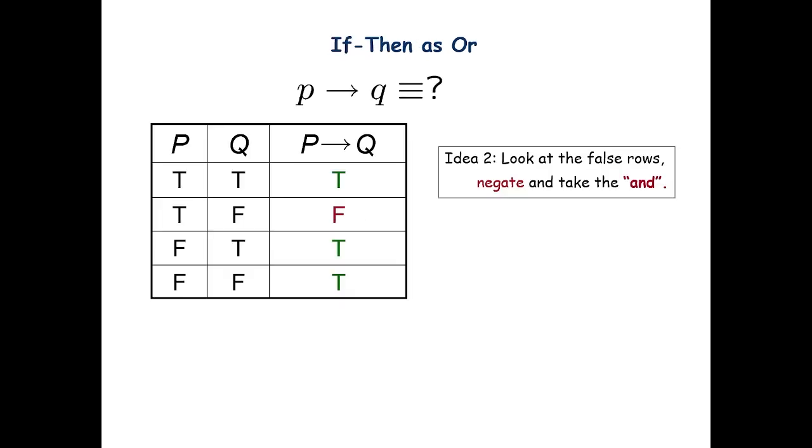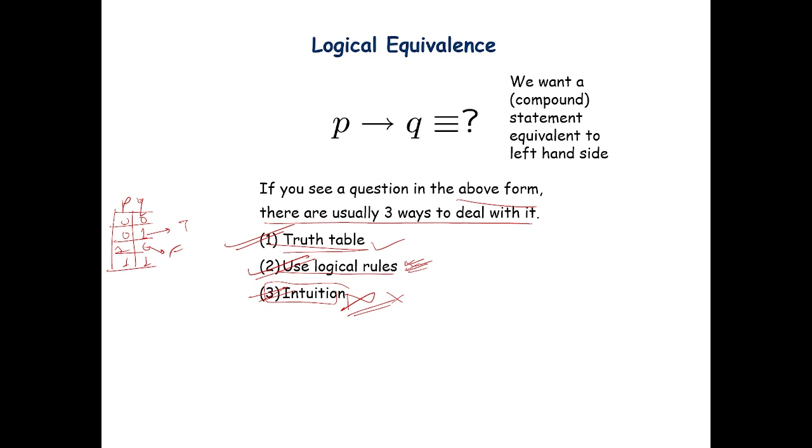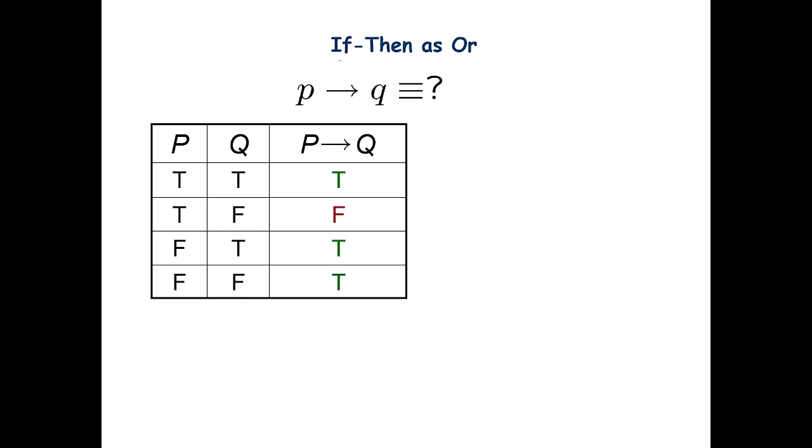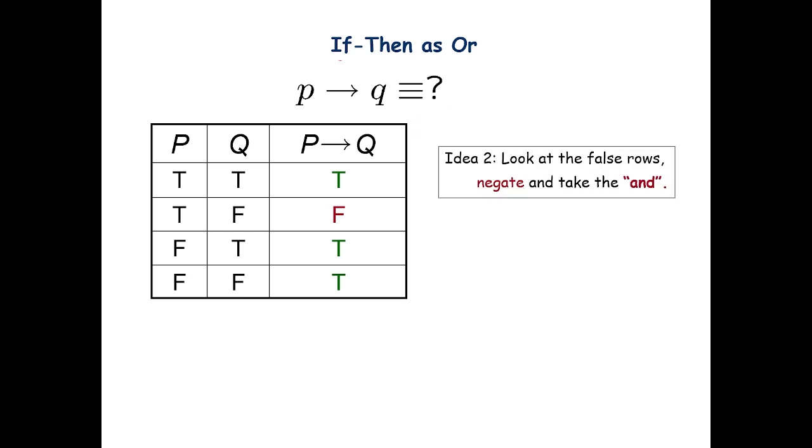Look at the false rows. If then, what is our target? We want a compound statement equivalent to the left hand side. We need a compound statement. So look at the false rows, negate and take the and.